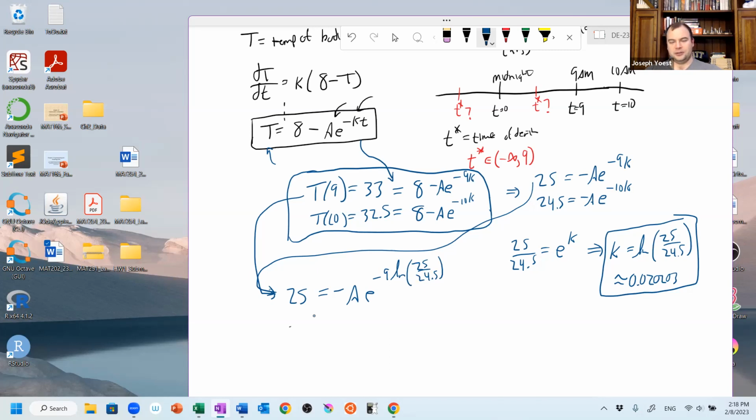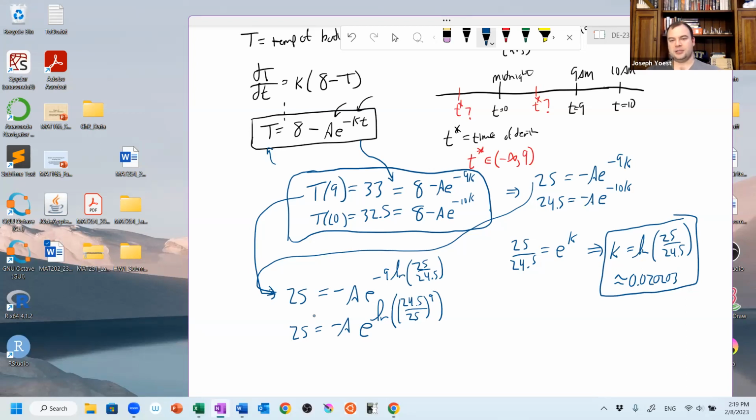I need to get that exponent just as a log: e to the log of 24.5 over 25 to the 9th power, right? That negative 9 in front of the log can pop up as a power inside the log. We flip it to make it a positive exponent, and that stays in the log.